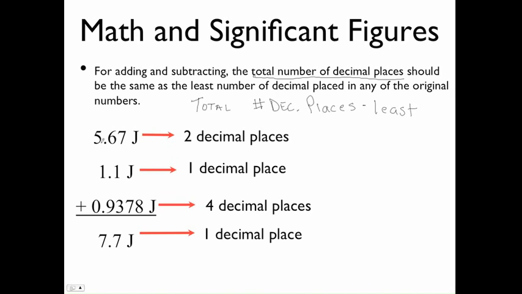So if we're going to add these things, we have 5.67, 2 decimal places right here. 1.1 has 1 decimal place, and 0.9378 has 4 decimal places. So when we add up this number, you can only use 1 decimal place because the smallest one you had was 1. I know that kills you. Your calculator is going to give you a lot more. You can only use 1.